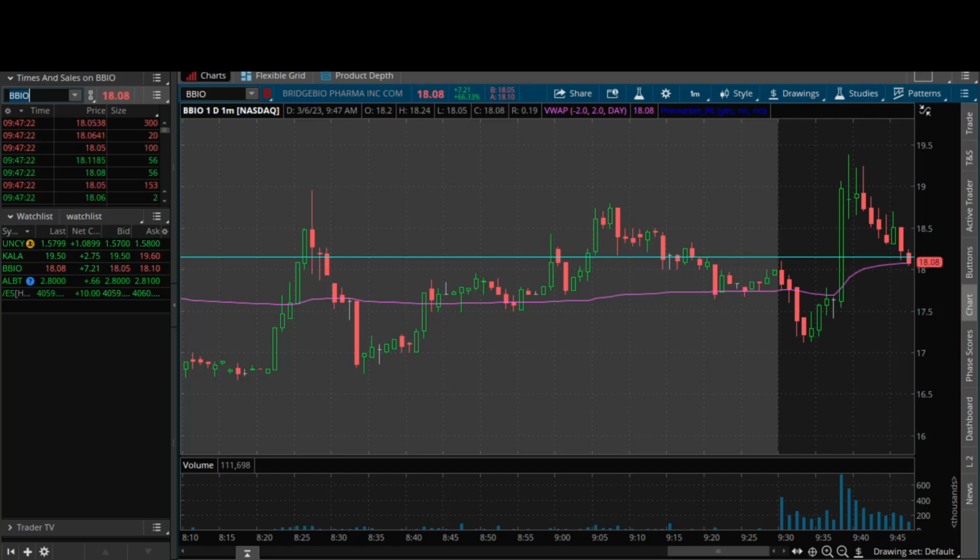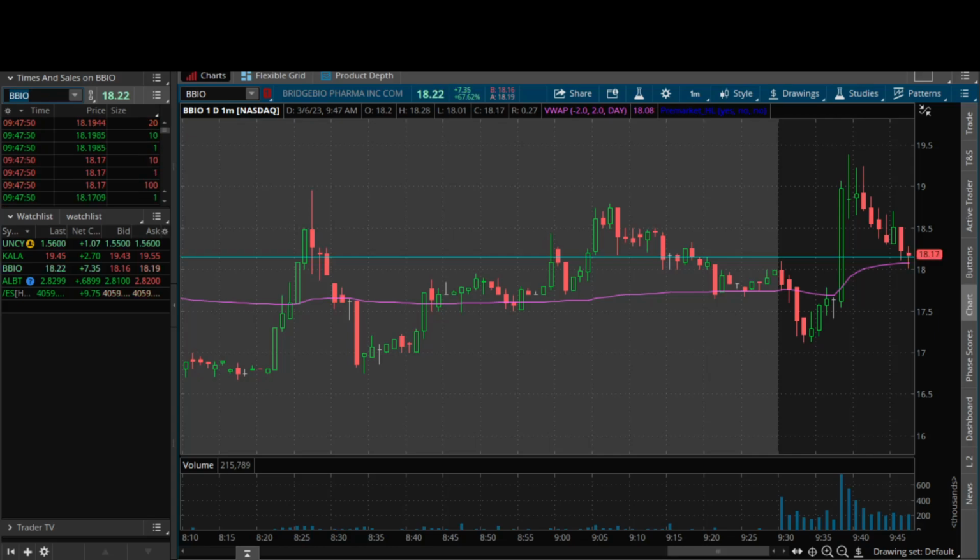So I want 1850. And there's 18. Boom. So we're testing VWAP support, whole number support, weekly support, order block support. We want 1850. All right, nice little bounce, nice little reaction.